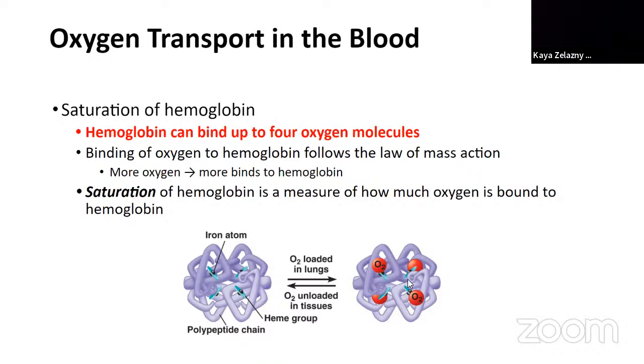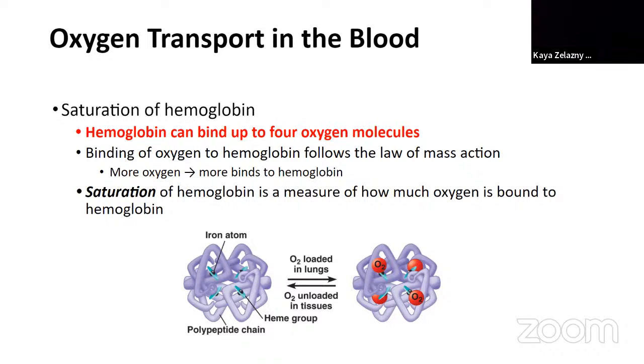Okay, or we could have up to 4 oxygen molecules in the hemoglobin. So we will be talking about saturation of hemoglobin as we talk about different parts of the system and different effects on the affinity of hemoglobin for oxygen and vice versa.